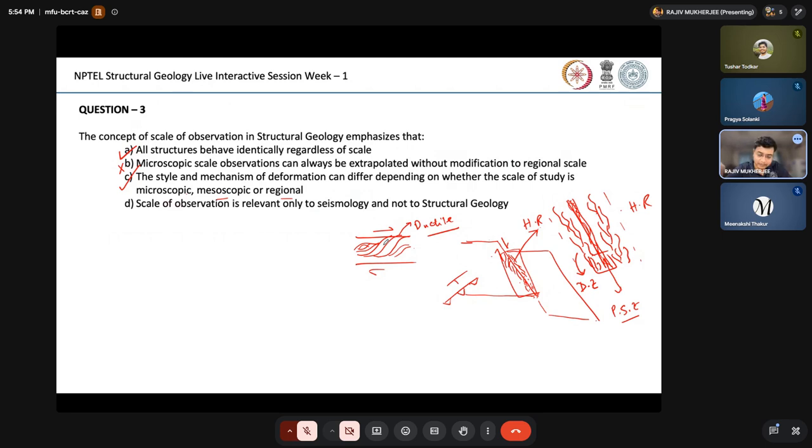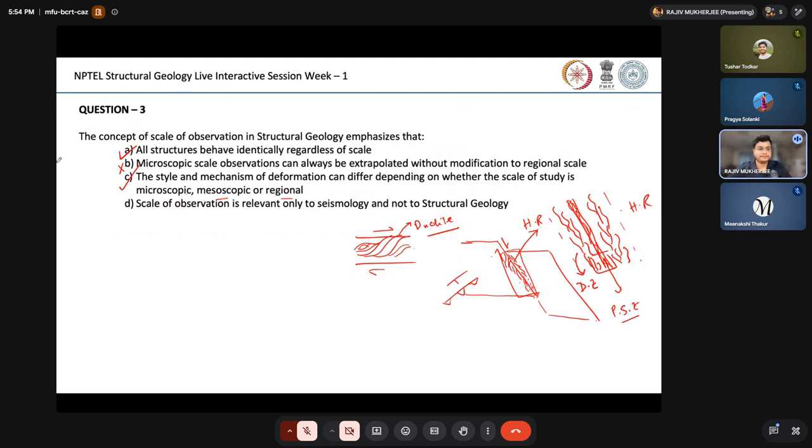Similarly, for macroscopic, mesoscopic, or even regional scale, you need some loss of cohesion to actually produce fractures. That is the simplest thing. So structures behave identically regardless of scale, and the style and mechanism of deformation can differ depending on whether the scale of the study is microscopic, mesoscopic, or regional. So these are the two correct answers to this question.